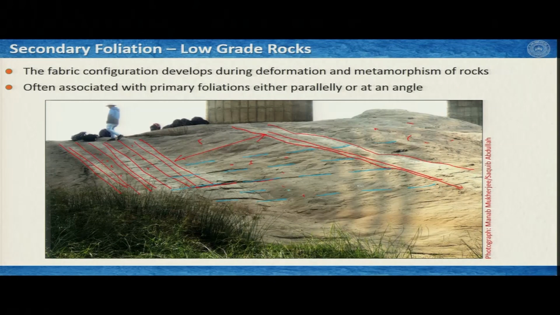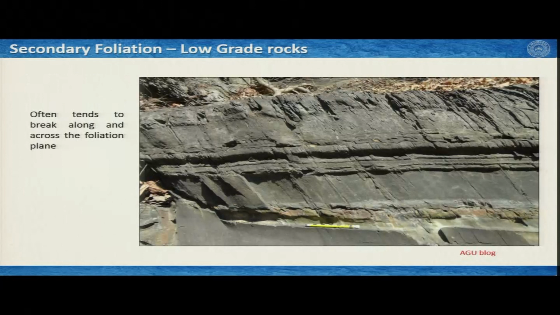As you can see, these planes are appearing like some sort of fractures on this surface, but they are very much aligned, and very much penetrative, or in a way they appear like some sort of mechanical damage in the rock, and these are your secondary foliations. So, you have primary foliations, the red ones, and the blue ones are your secondary foliations. We will have a few more photographs.